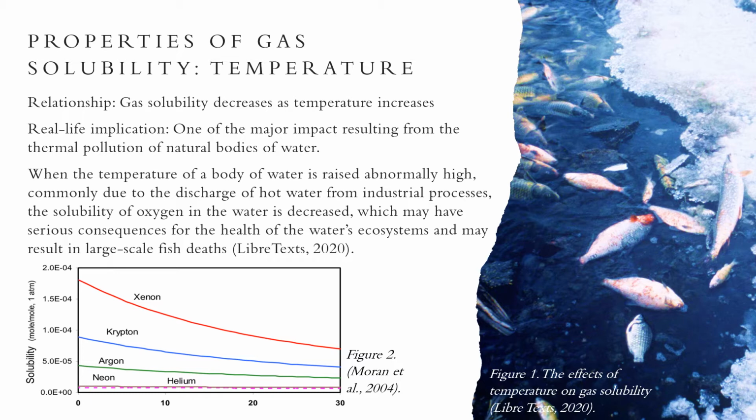When the temperature of a river, lake, or stream is raised abnormally high, usually due to the discharge of hot water from some industrial process, the solubility of oxygen in the water is decreased. Decreased levels of dissolved oxygen may have serious consequences for the health of the water's ecosystems and, in severe cases, can actually result in large-scale fish kills.